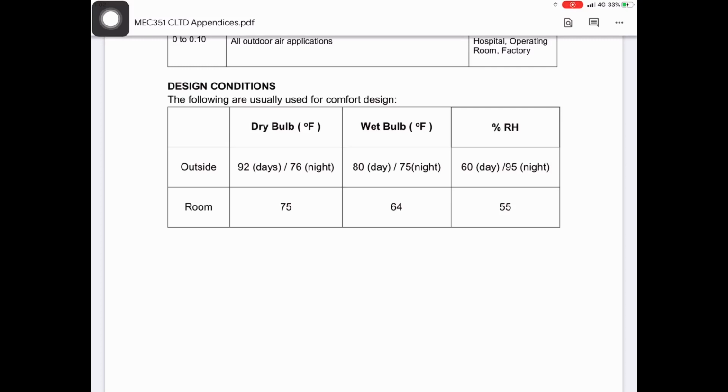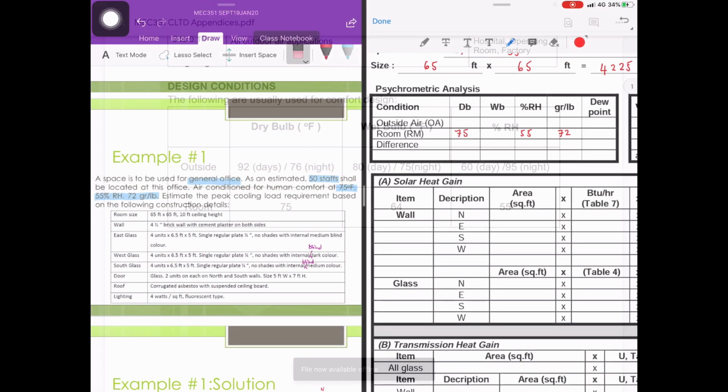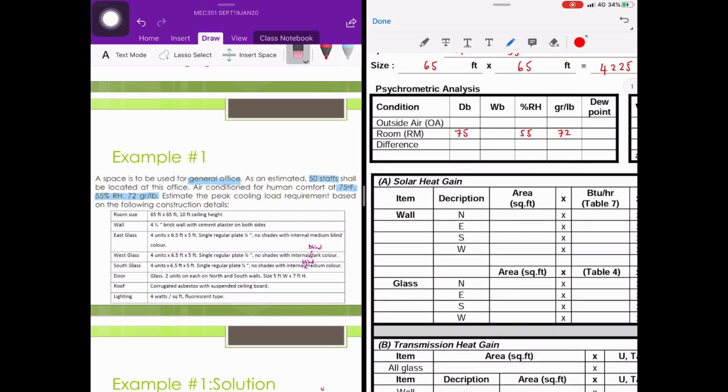For your information, it is very important for us to have the value for the dry bulb temperature and the specific humidity. Therefore, please add to your Appendix 1 for the design conditions. For the outside air, the specific humidity will be 136 grain per pound. Now we can fill in the value for the outside air condition.